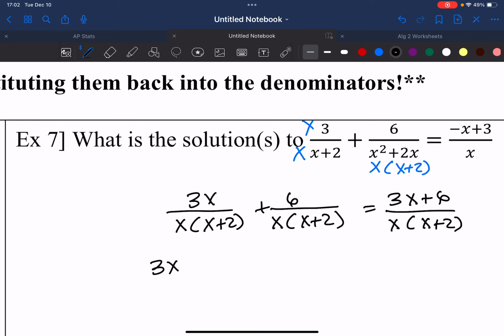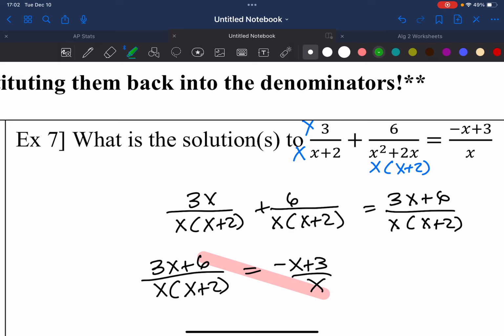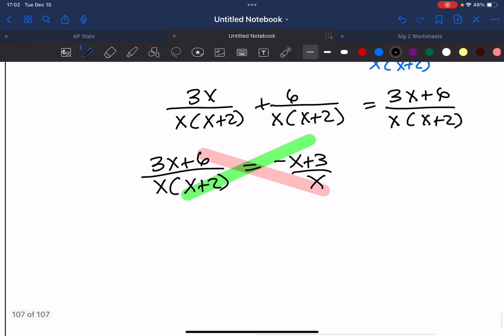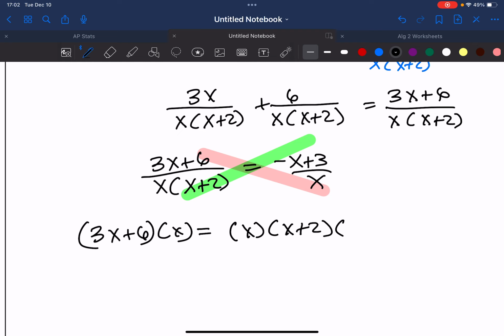Then I have 3x plus 6 over x times x plus 2 is equal to negative x plus 3 over x. Then I cross multiply, and I'm left with 3x plus 6 times x is equal to x times x plus 2 times negative x plus 3.